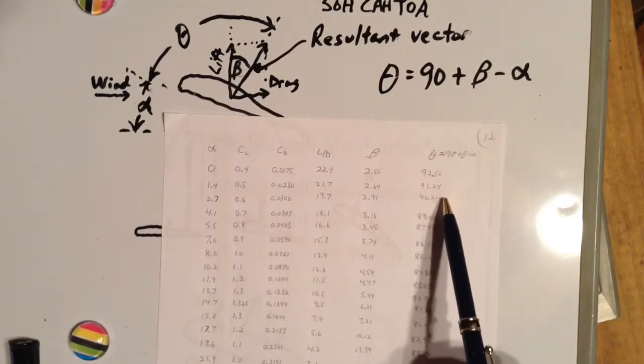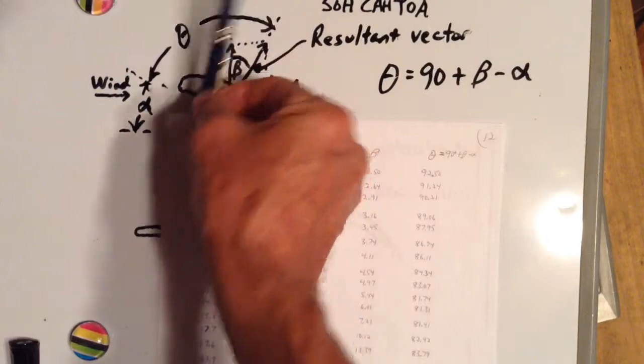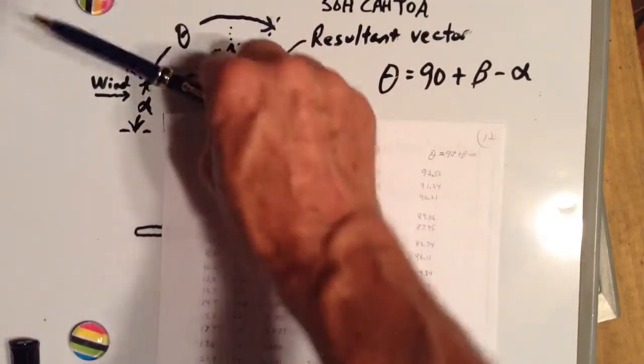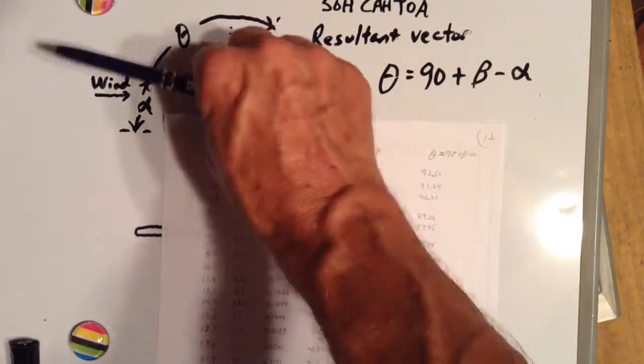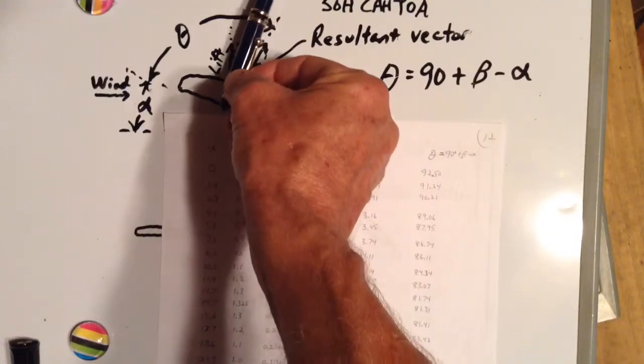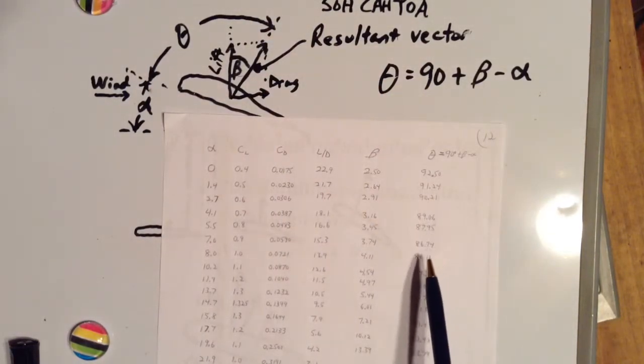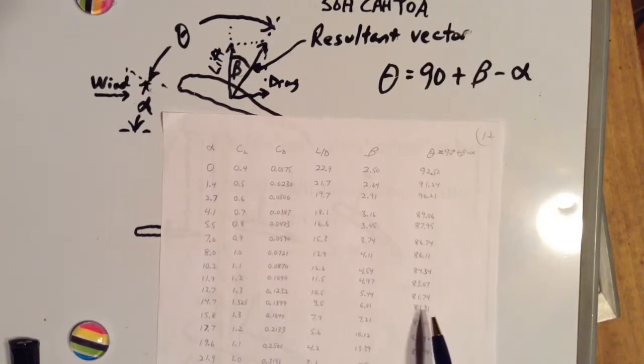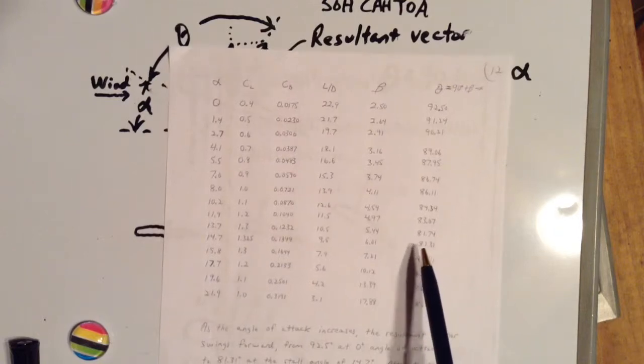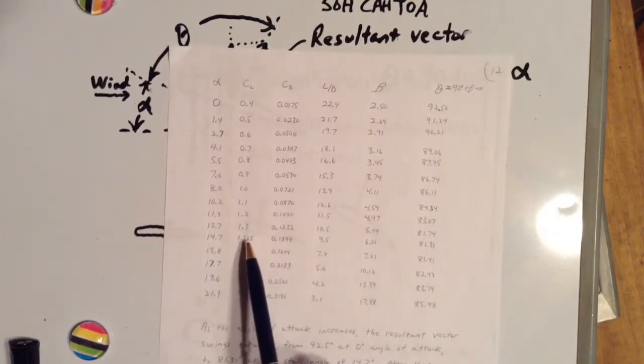As you can see, these numbers start out at 92.5. They start getting smaller. This angle theta starts out at a little more than 90 degrees, but then it starts dipping forward and becomes less than 90 degrees and drops as low as 81.31 at the stall angle, at the angle that has the greatest lift of 1.325.